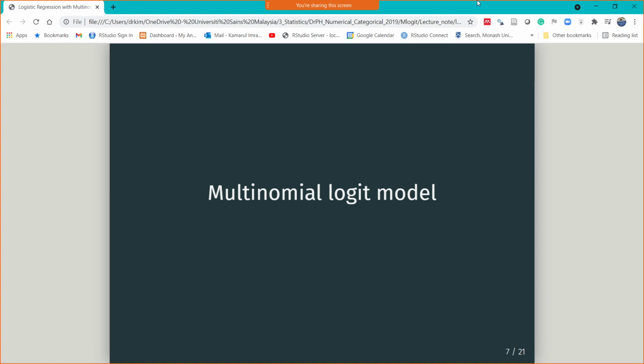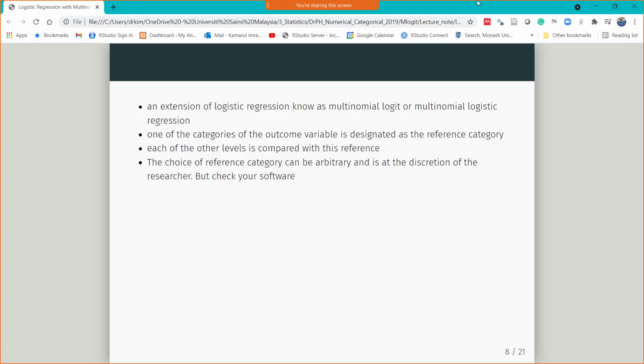It is an extension of the binary logit model. We call this multinomial logit or multinomial logistic regression.